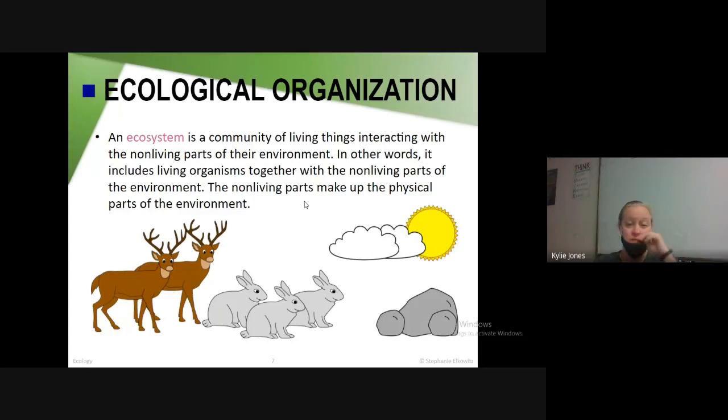So in other words, it includes the living organisms together with the non-living parts of the environment. The non-living parts make up the physical parts of the environment. So that first sentence there, an ecosystem is a community of living things interacting with non-living parts of their environment, is going to be your definition. So that first sentence is all you need to copy and paste over.